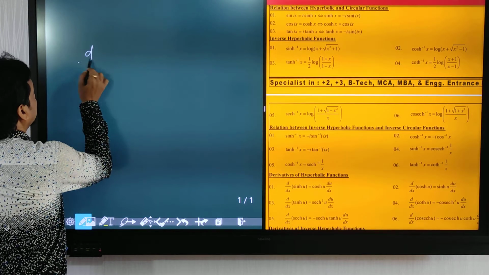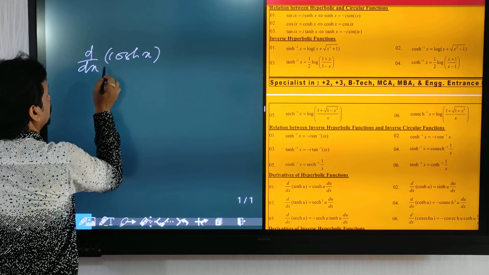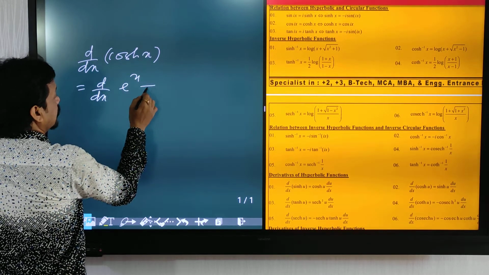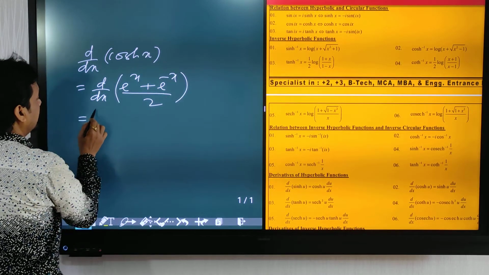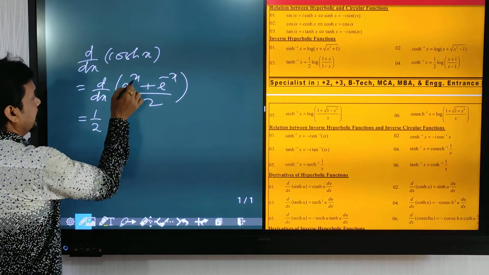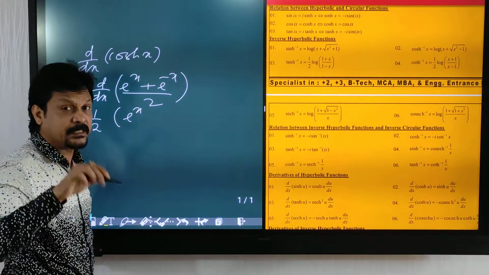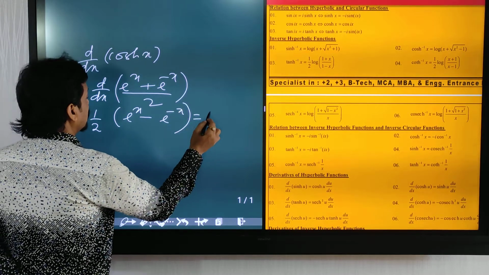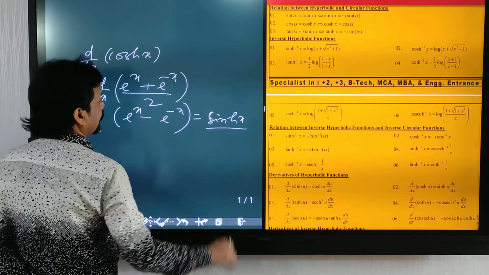Clear? Similarly, see here, cosh x will become d by dx of (e to the power x plus e to the power minus x) divided by 2. I am taking half outside, so the derivative of e to the power x is e to the power x, and the derivative of e to the power minus x is minus e to the power minus x. So it becomes minus e to the power minus x, and this is nothing but sinh x.